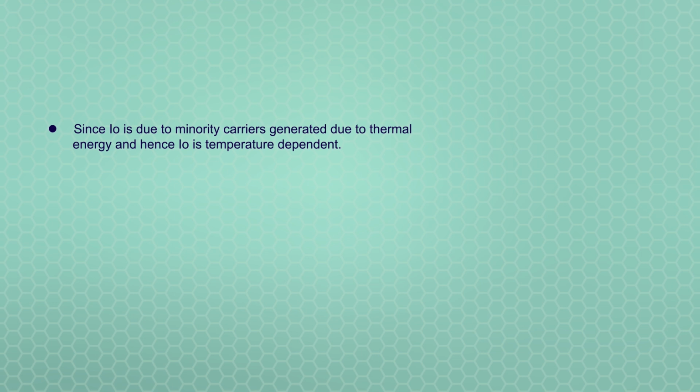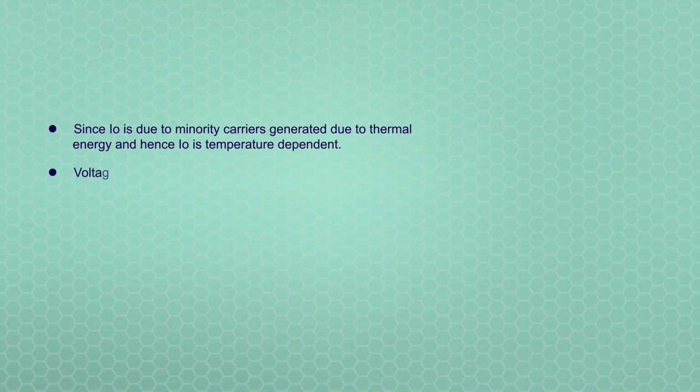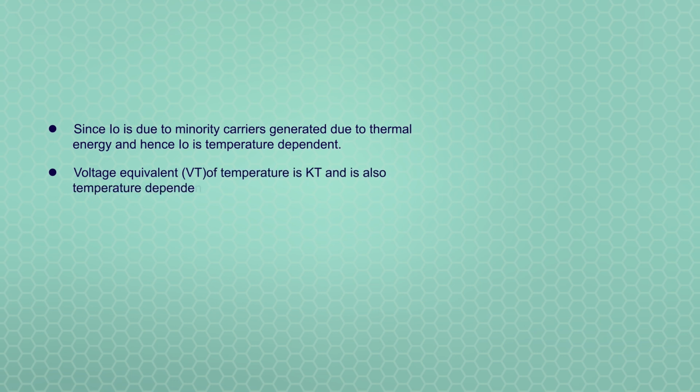As we have seen in the VI characteristics of diode, the current I naught is due to minority carriers, and these minority carriers are due to thermal energy. So, from here we can see that I naught is a temperature dependent term. Next is the voltage equivalent of temperature, that is Vt equals KT upon Q, which can be written in equation 1.